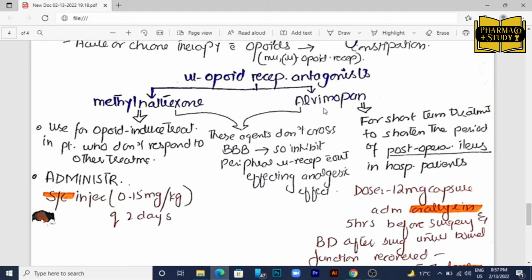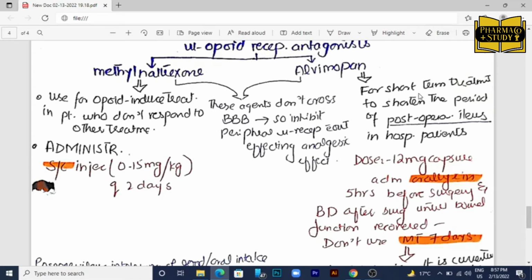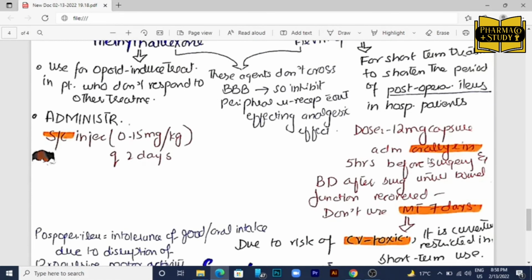Now let's see the alvimopam. This is used for the short term treatment to shorten the period of the post-operative ileus in the hospitalized patient. Sometimes the hospitalized patient suffers from the post-operative ileus, so you can give the alvimopam. The dose is a 12 milligram capsule administered orally within 5 hours before surgery and twice daily after the surgery until the bowel function recovered.